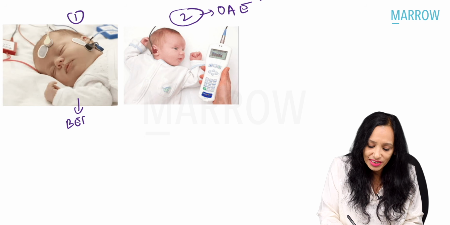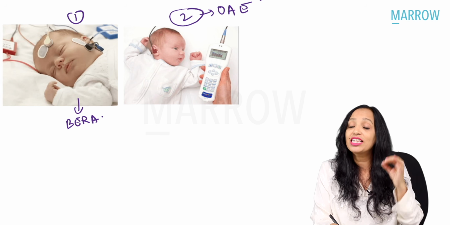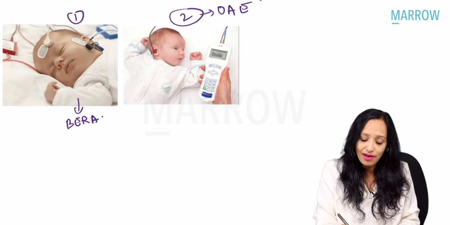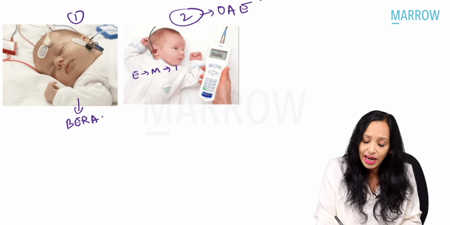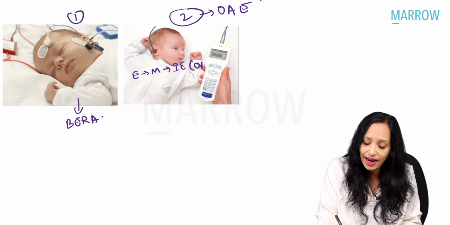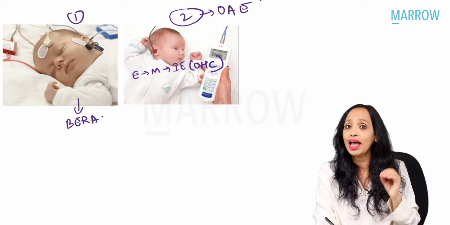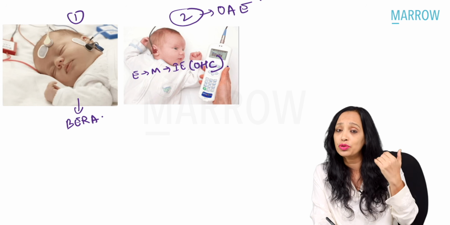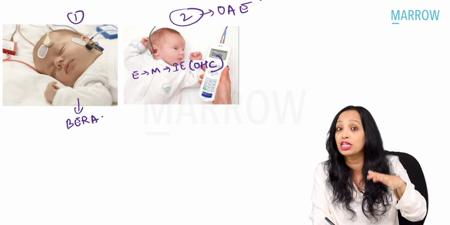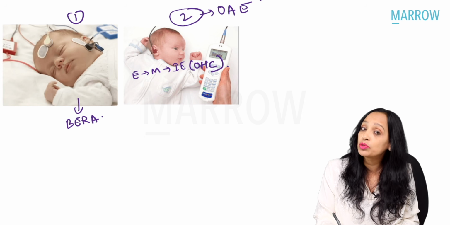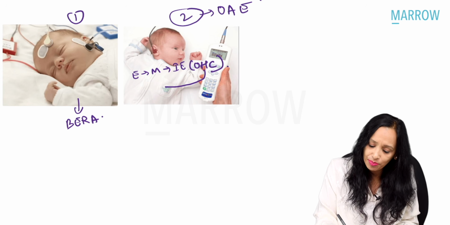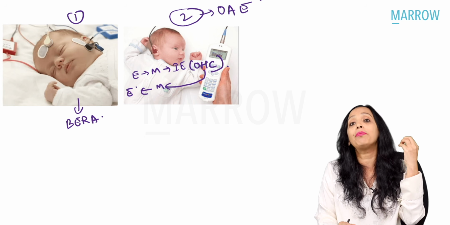What is otoacoustic emission? In this test we give a sound. The sound travels from the external ear to the middle ear to the inner ear, in which we have the outer hair cells. In response to the sound, the movement of the outer hair cells, which are lots in number, produces a sound which travels back from the inner ear to the middle ear and then to the external auditory canal, and it is picked up by this probe.